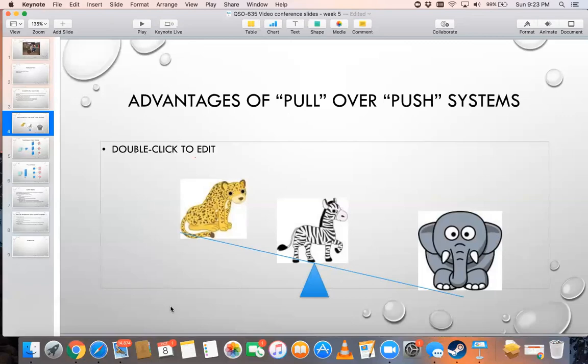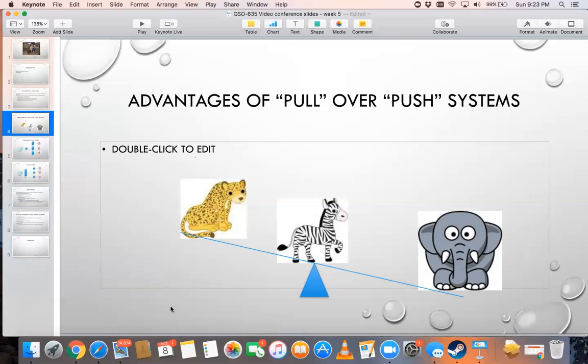Okay, so basically, we have three items. These animals refer to three items. We have a cheetah item, one that sells very quickly. We have a zebra item, one that sells moderately or has average sales, and an elephant item that sells very slowly. So in a push system, the cheetah items will have a high inventory due to high forecasting by the centralized decision-making system.